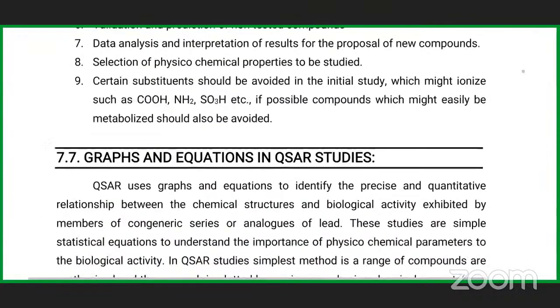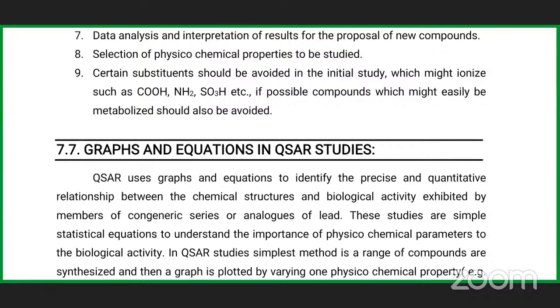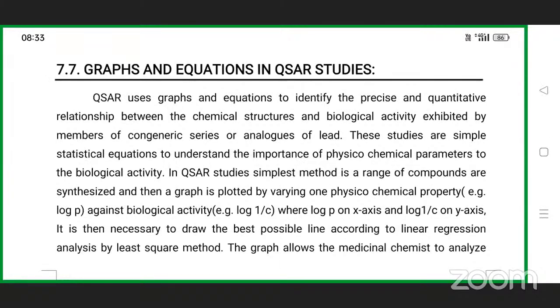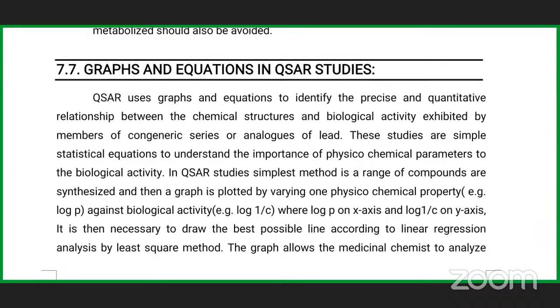Next, the graphs and equations in the QSAR. Generally, we will know the precise activity range, the better biological activity, and the relationship between the descriptor and your biological activity by the graphs only.